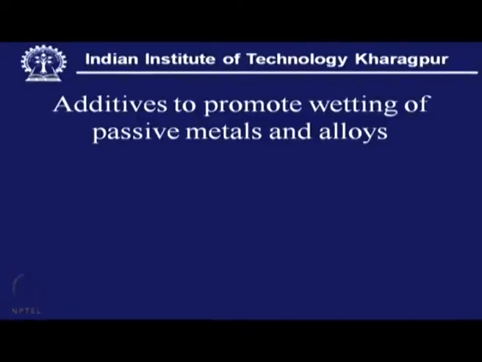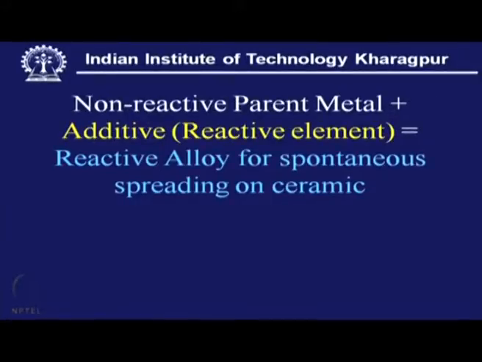Now, in this case, what we can look into is that this way we can present that if we have a non-reactive parent material and if we can have one additive which should be a reactive element, then this parent metal which is passive plus this reactive element form a solution.